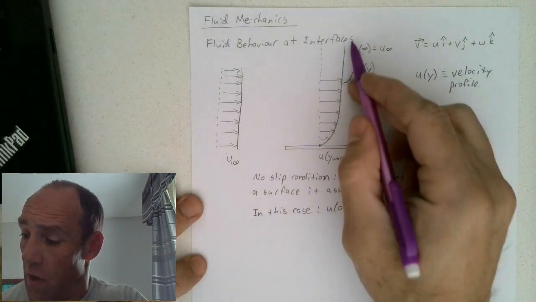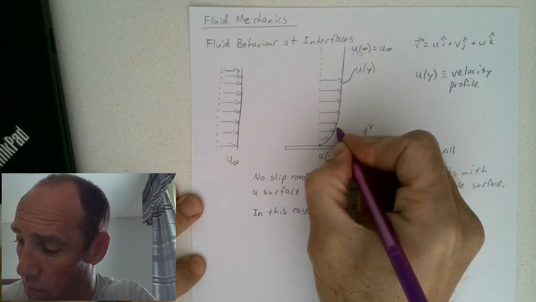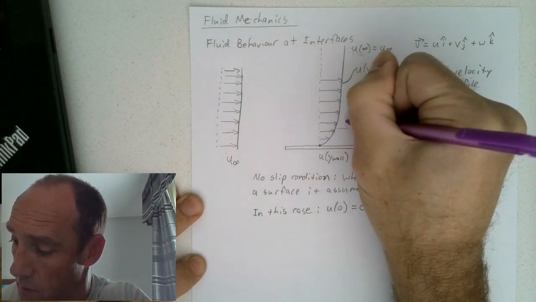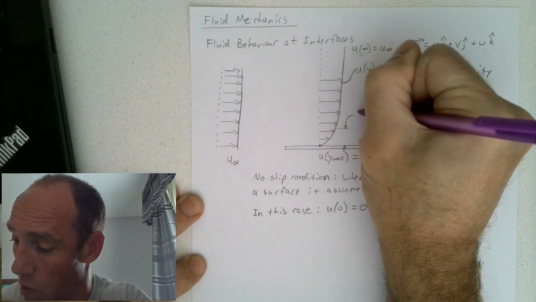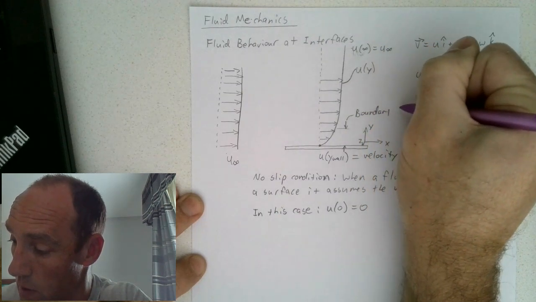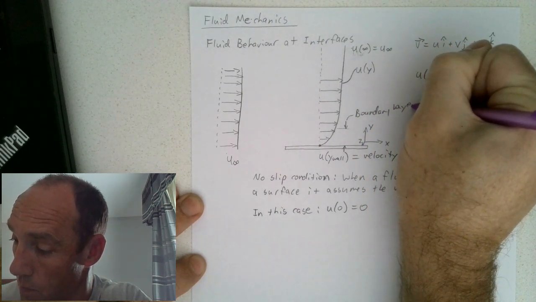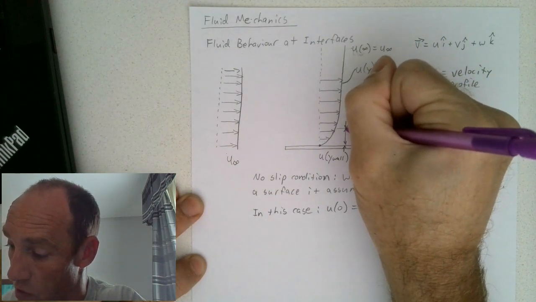All right, so this is a velocity profile. This region within the velocity profile, roughly that thick, is what's called the boundary layer. So it's this region in here.